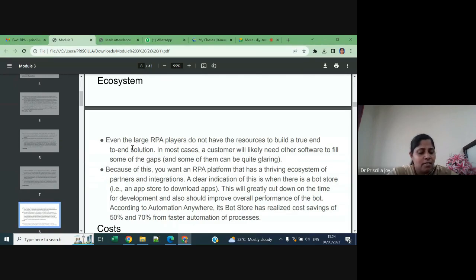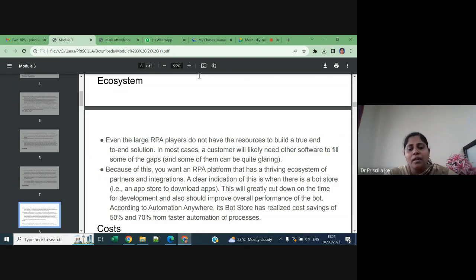And the next thing is the ecosystem. An ecosystem also plays a main role in building a true end-to-end solution. The end-to-end solution is meant to bridge the gap between the past and what is happening now.